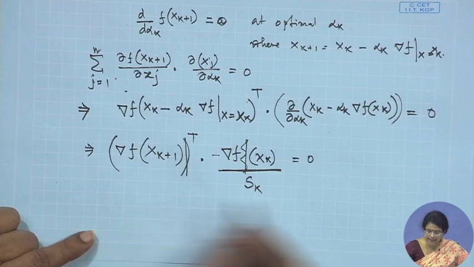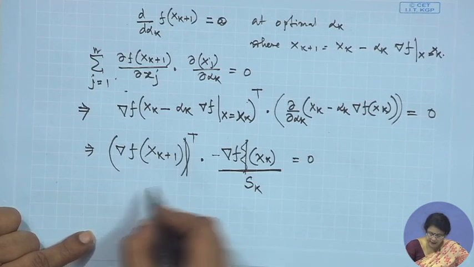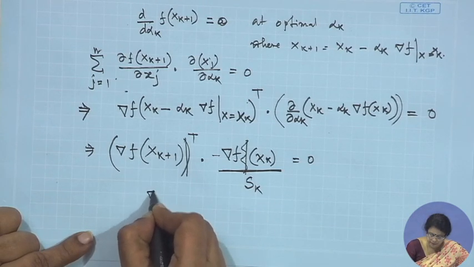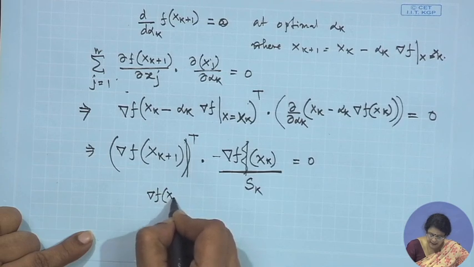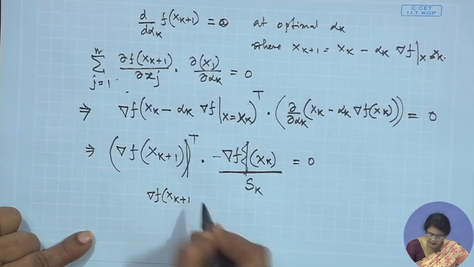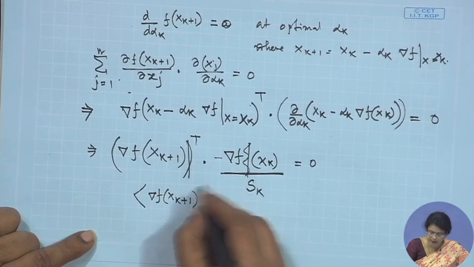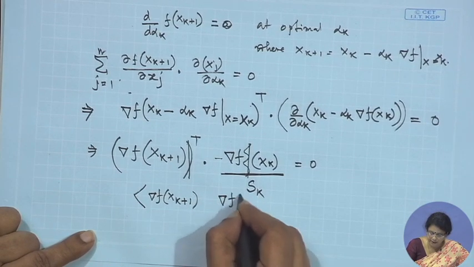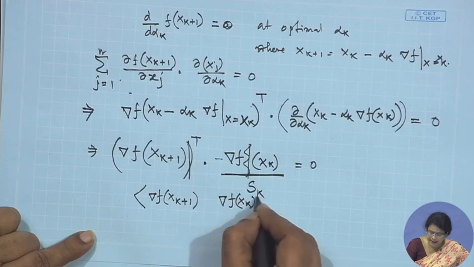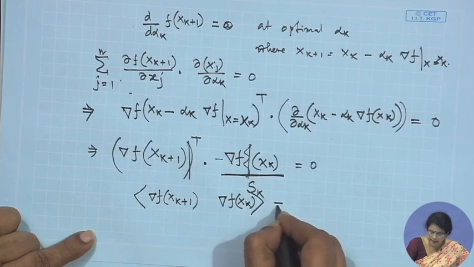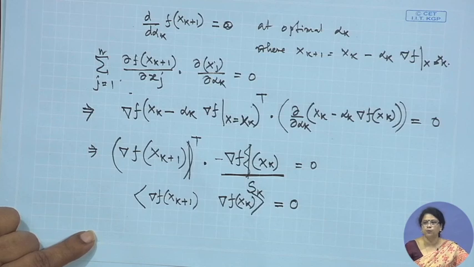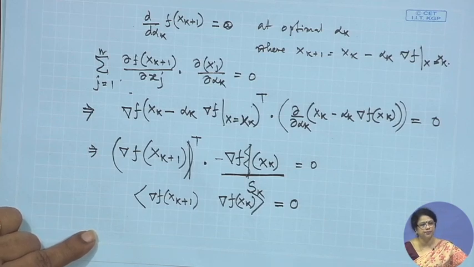Then what exactly are we getting? We are getting from here that the inner product of grad of f x k plus 1 and grad of f x k is equal to 0. Clear?